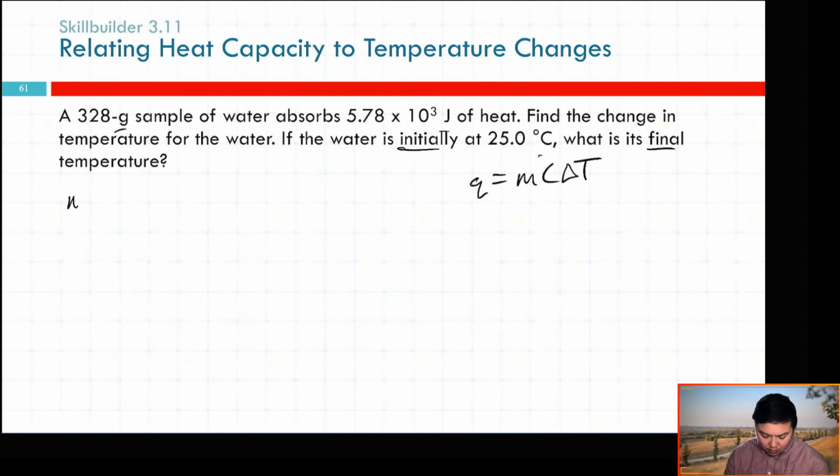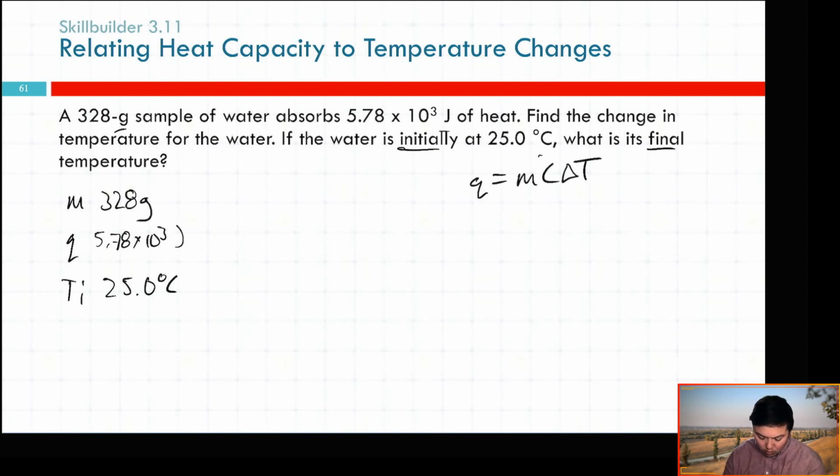And then let's write down what we know. We have M this time, 328 grams. We have heat, Q, as 5.78 times 10 to the 3 joules. And we have T initial as 25.0 degrees C. We're looking for T final, and we know that the specific heat capacity of water is 4.184.